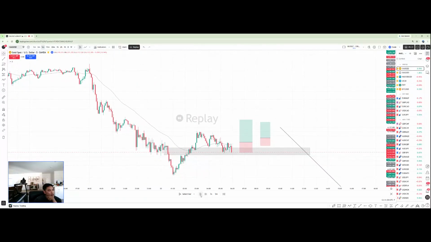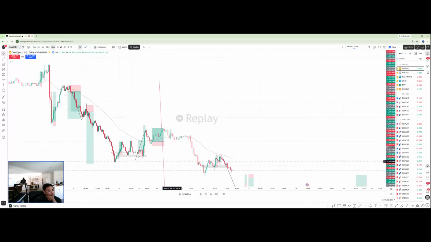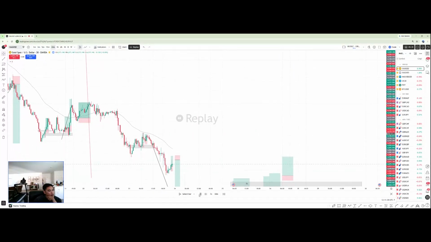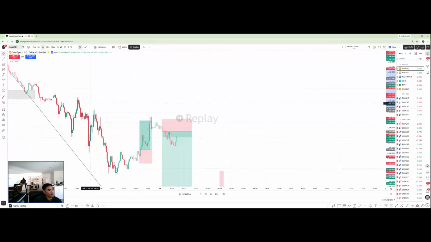On the 1 hour time frame here, we have higher high, higher low once again. On the higher low, look for an entry signal on 5 minutes.